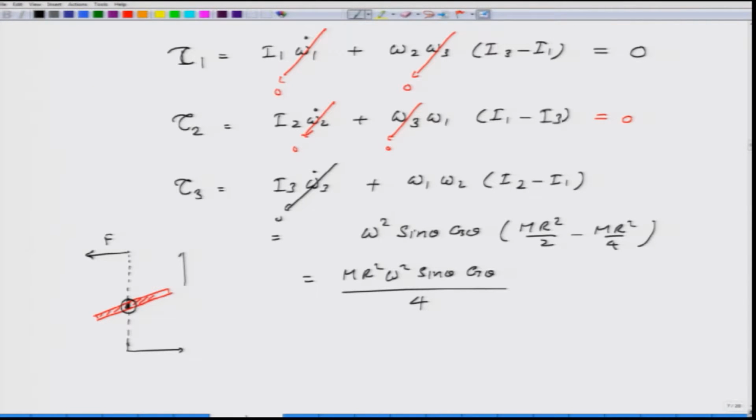If I apply the forces symmetrically at a distance d, or even if they are asymmetric, it does not matter. Equal forces will give no motion of the center of mass, but their amount to give a torque like this should be equal to m r square omega square sine theta cosine theta over 4d, and that is the answer.